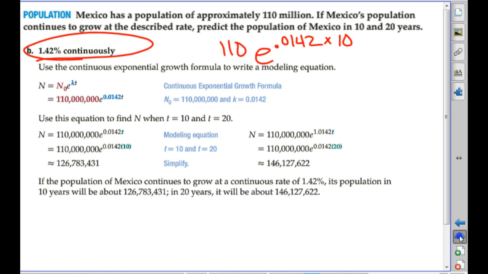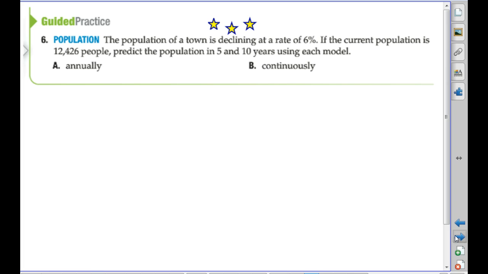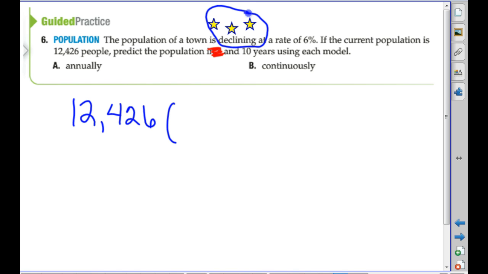All right. Let's do our example right here. I don't want to take time to do it twice, so let's go with 10 years. Let's do this one time with 10 years. If we have a current population of 12,426 people, and our town is, what's happening? It's declining, so what's going to go in the parenthesis here? 1 minus 0.06.